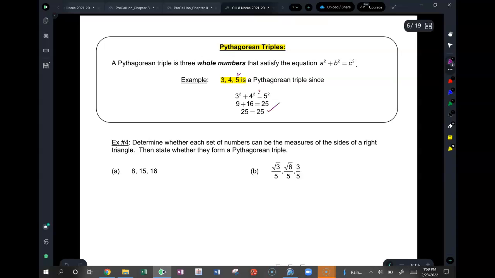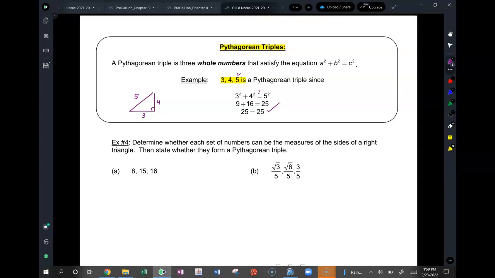Yes, it does. Because these are 3 whole numbers that satisfy the Pythagorean theorem and make a right triangle, it's called a Pythagorean triple. There are others.